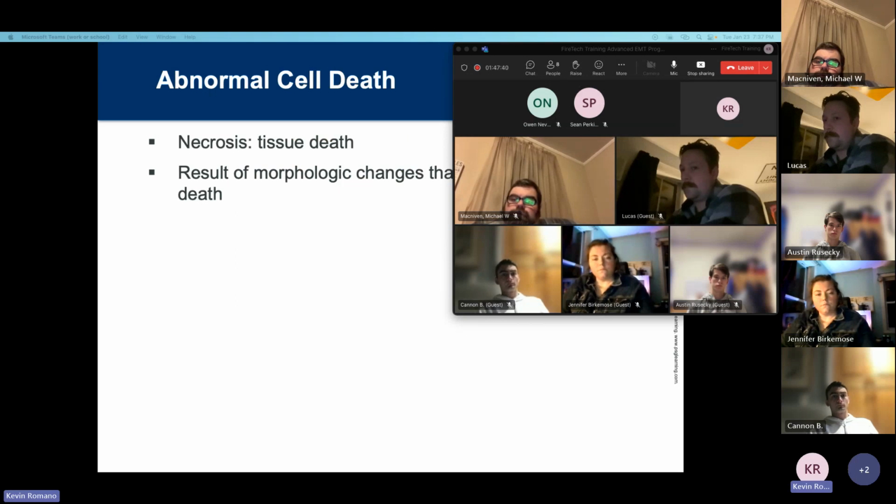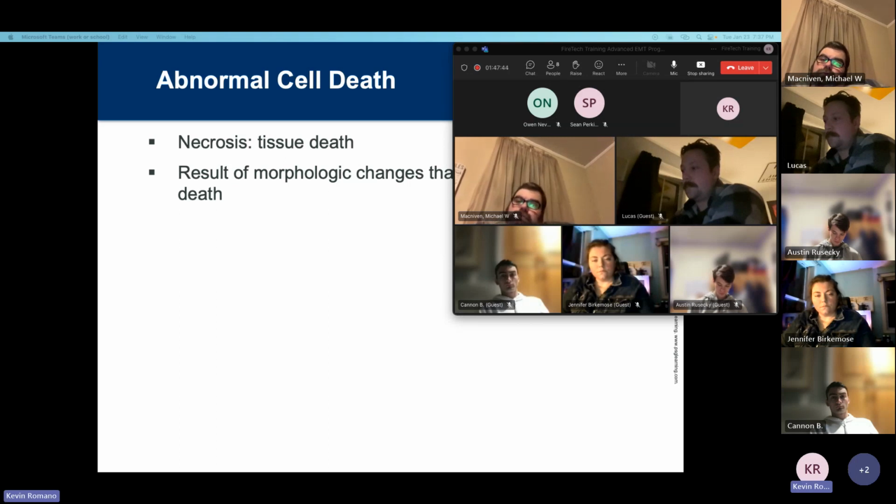So abnormal cell deaths would be necrosis, or tissue death, a result of morphologic changes that occur following cell death. So what can we do as a provider that can cause necrosis?